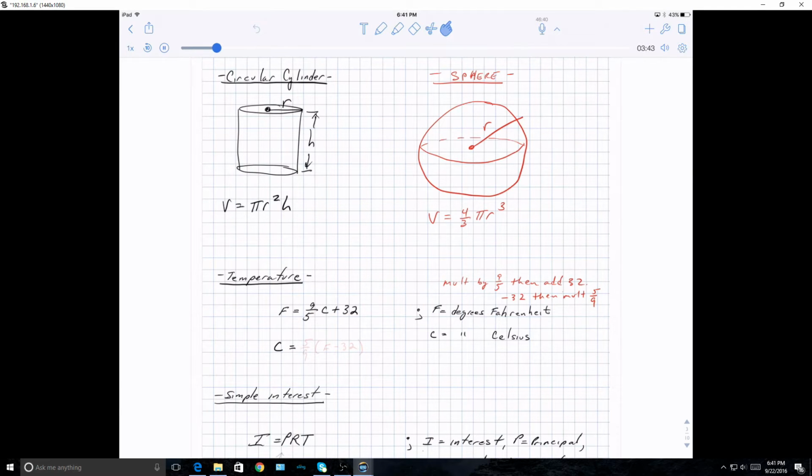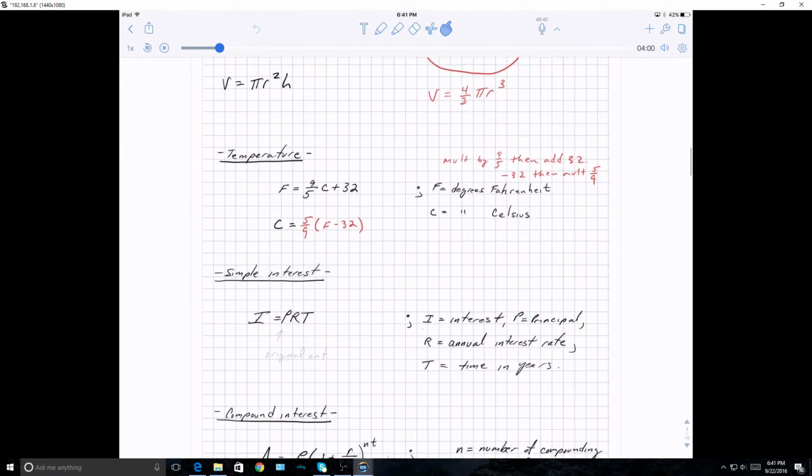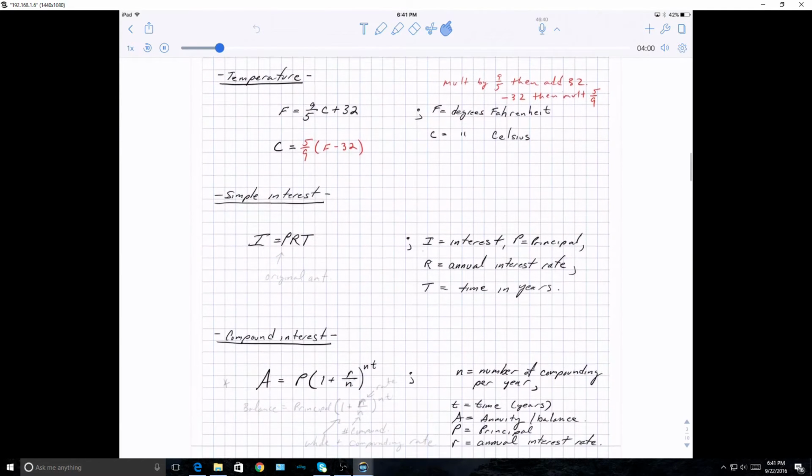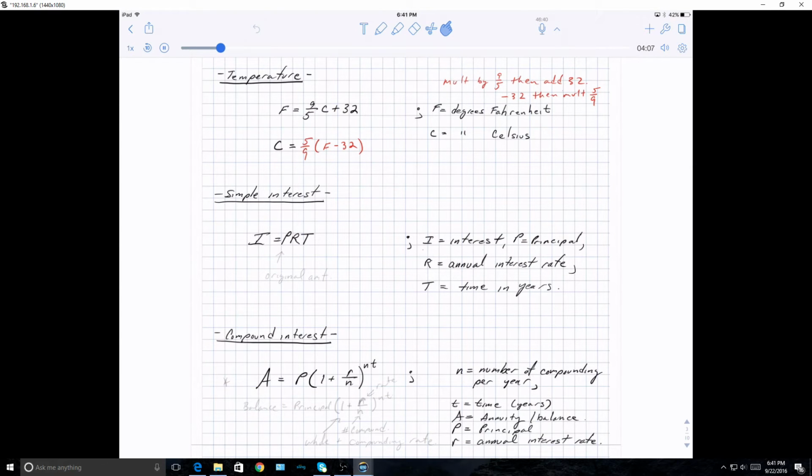The reciprocal, because that's what we'd be dividing by 9/5. But dividing by 9/5 is really multiplying by 5/9. So if you can see this, this is just going to be F minus 32 times 5/9. So that's just a little reminder on how to solve equations pretty quickly and go back and forth.